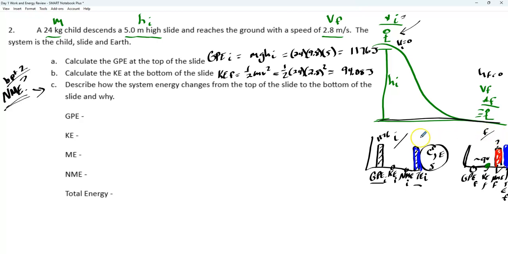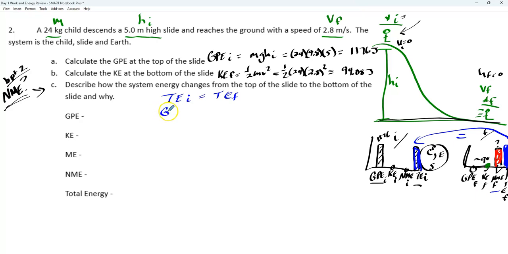The total at the end and the total in the beginning should be equal because conservation of energy says the total energy initial equals the total energy final. So this one, again, is a little bit more like the skate park when you had friction involved and you saw the energy bar for non-mechanical energy continue to increase as the person went back and forth across the ramp.